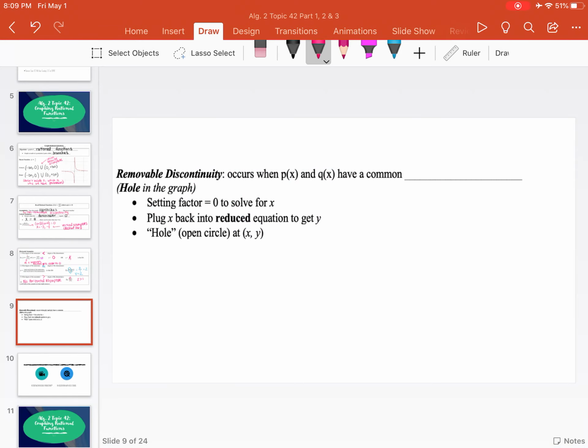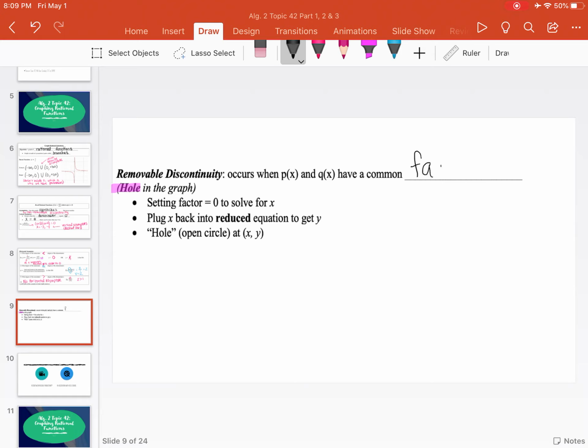Now, remember before how I mentioned how asymptotes are non-removable discontinuity? Well, there is a thing such as removable discontinuity. That is specifically called a hole in the graph. And this occurs when you have your polynomial in the numerator and your polynomial in the denominator, and they have a common factor.